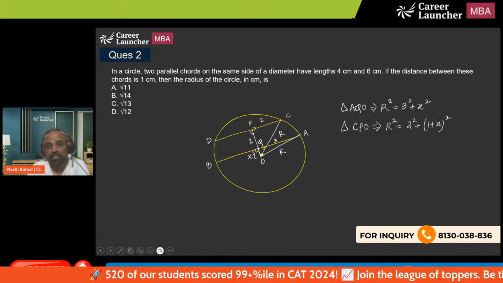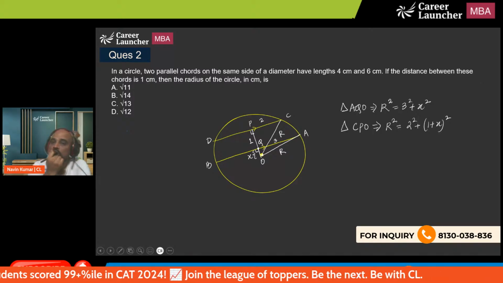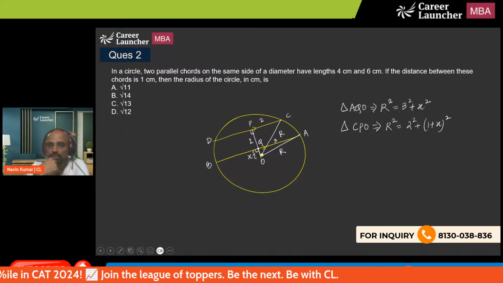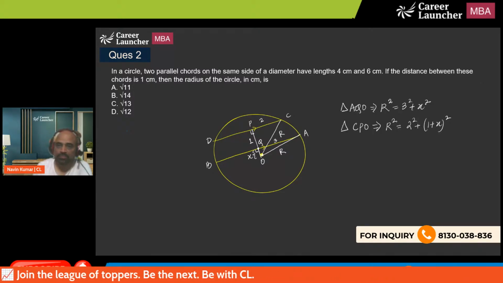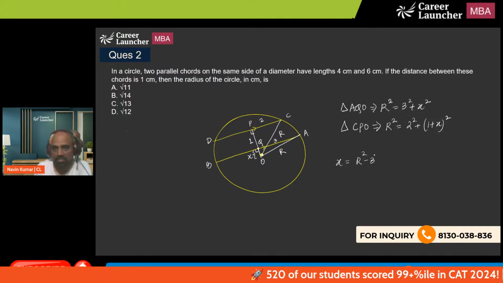We are asked to find out the radius, which means we need to get rid of the X somehow. So from the first one, we can write X is equal to under root of R square minus 3 square.